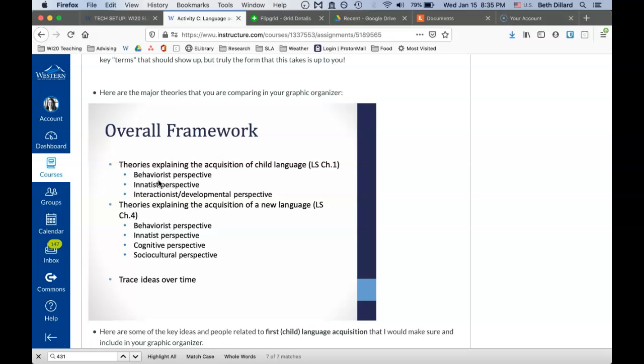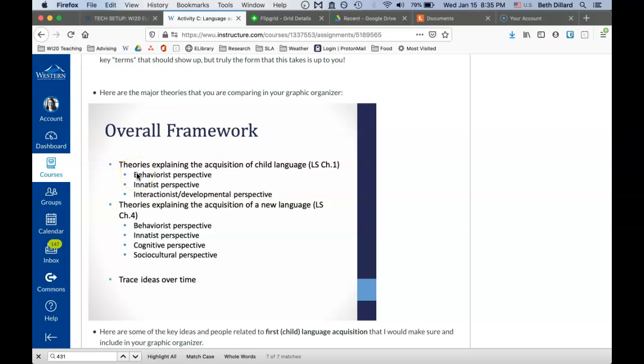So I would imagine that in your graphic organizer, there's going to be some connections there, right? And one thing I will say, as a hint, is that these theories of second language acquisition pulled very much on ideas that already existed about how children learn their first language or languages.